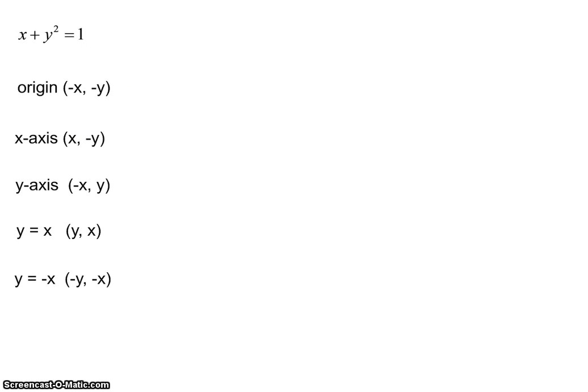All right, so just quickly, here's my new function, x plus y squared equals 1. Now I want to check for symmetry with all these. So all I'm going to do is substitute in, see if I can make them look like the original. Okay, so with the origin, opposite of x is my x, plus opposite of y is my y, squared equals 1.